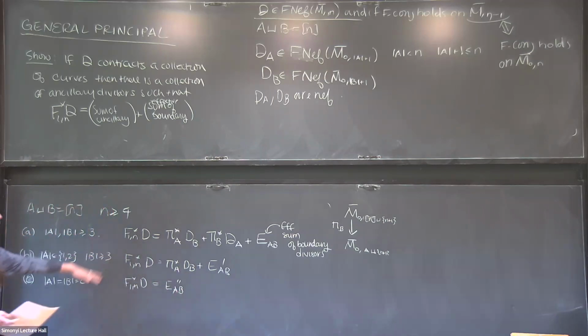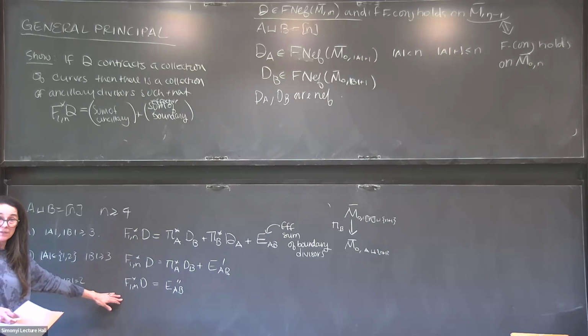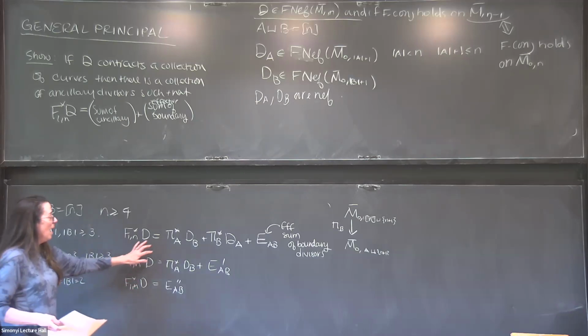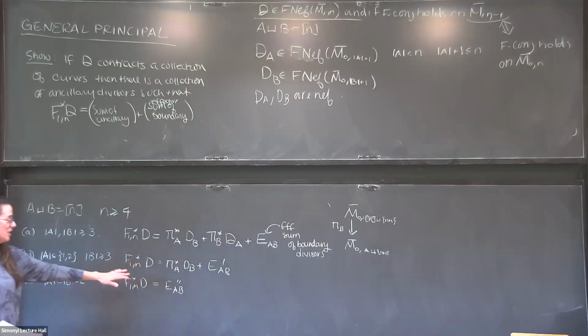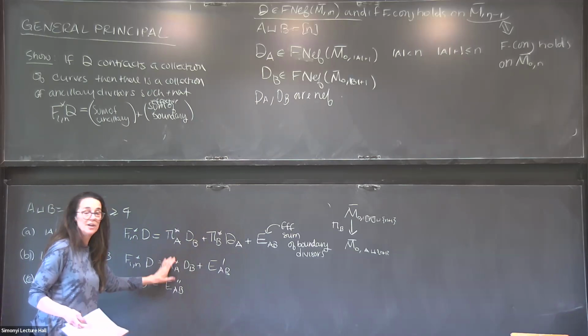Okay, so let me explain now why this is sufficient to prove that these divisors are nef, if you know that the F-conjecture holds for M0,n-1. So I've already said that these are actually nef divisors.